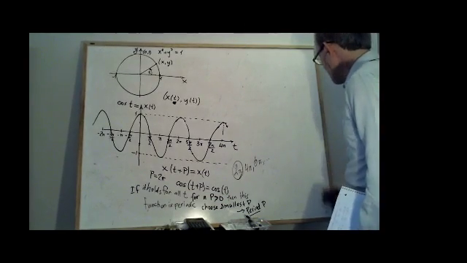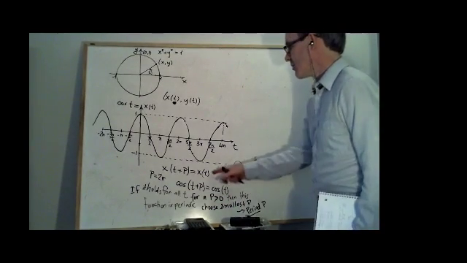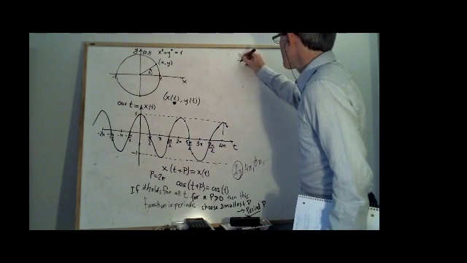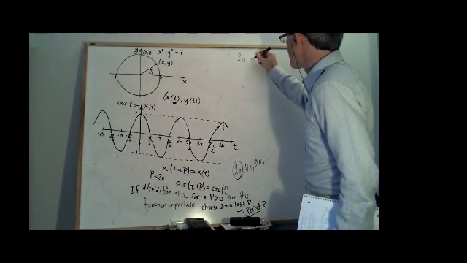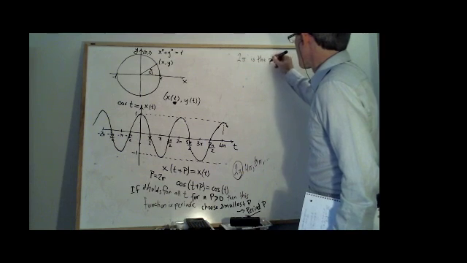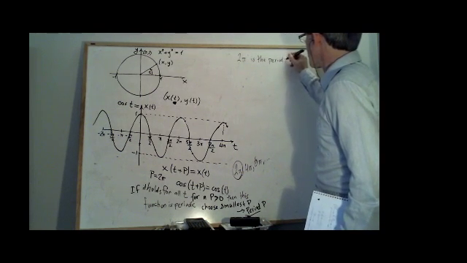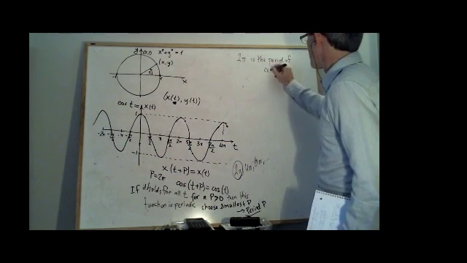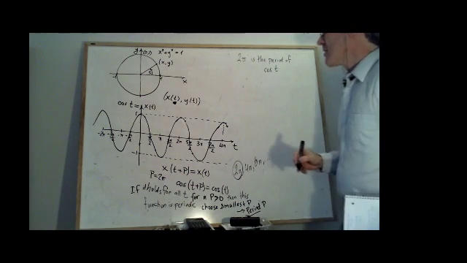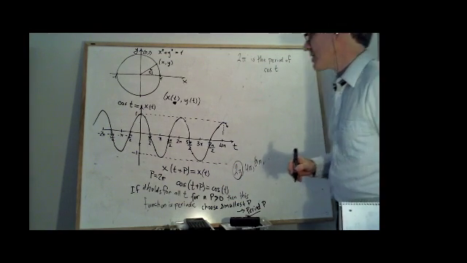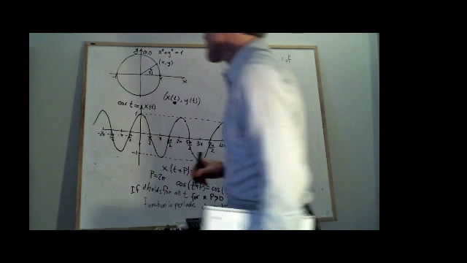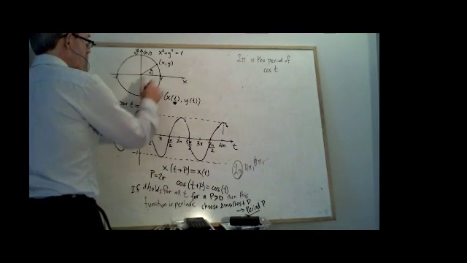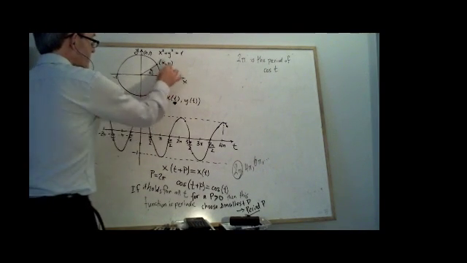All right. So for the cosine function here, the period is 2 pi. What is it for the sine function? And what does the sine function look like? Well, the sine function will be the plot of y of t.